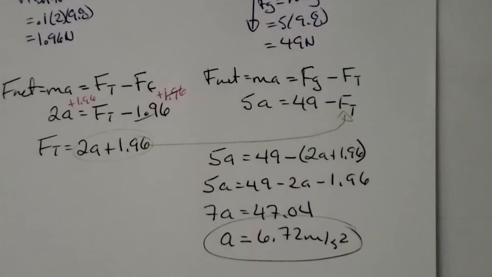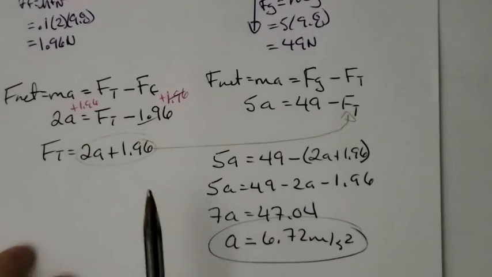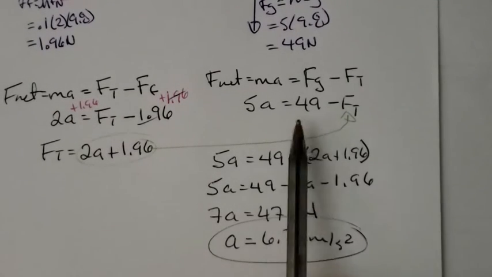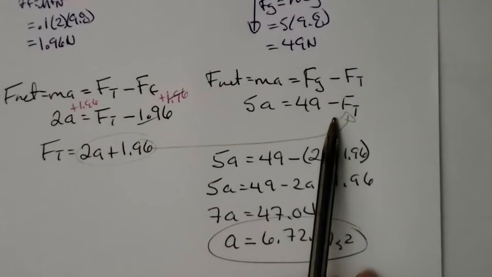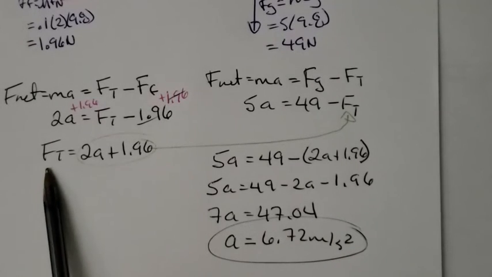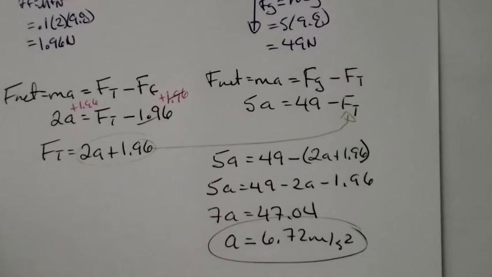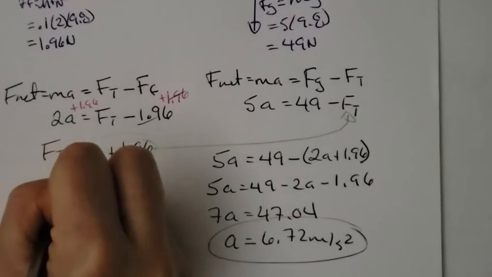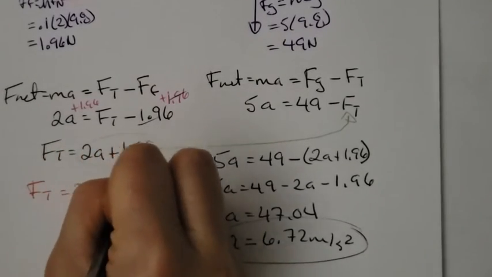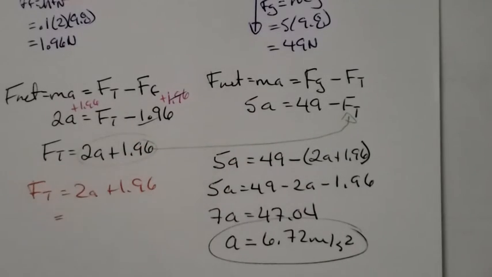But the question also wanted to know what the tension in the string is. All I need to do is take this a and I can plug it into either this formula or this formula, and then I can solve for tension. This one's already been rearranged for the tension, so it's just a little easier for me to use. So I'm going to use that one. So I know force of tension is equal to 2a plus 1.96. Plug in my a, which is 6.72.